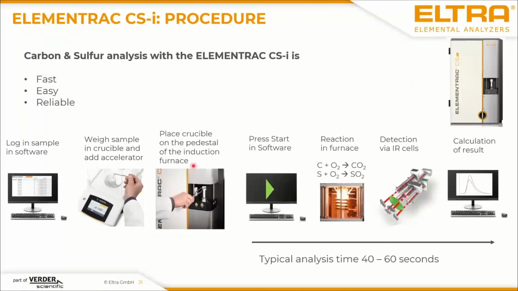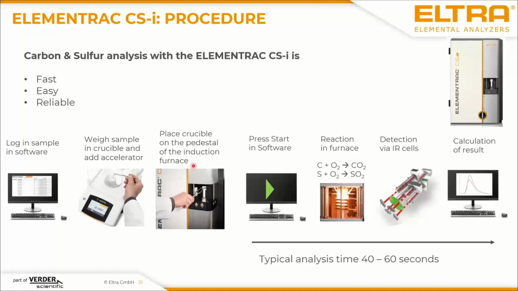The measurement principle of the CSI is different because while the ONH analyzer was heating up with inert gas, so the elements were only extracted, here we have an oxidization of the sample.